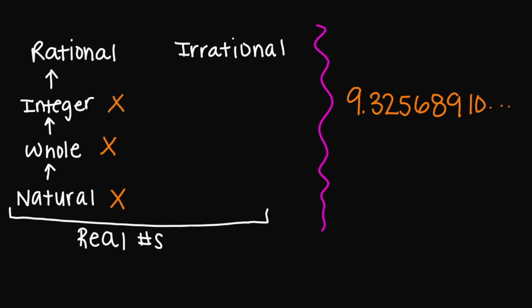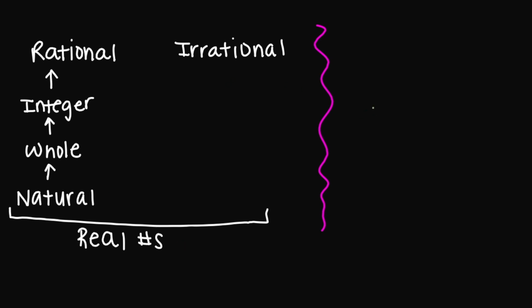Not an integer. What about rational? It is not rational because the number continues going on without ending, and it's not a repeating decimal. So since it is not terminating and not repeating, that makes this number irrational. And since it's irrational, it is also a real number.